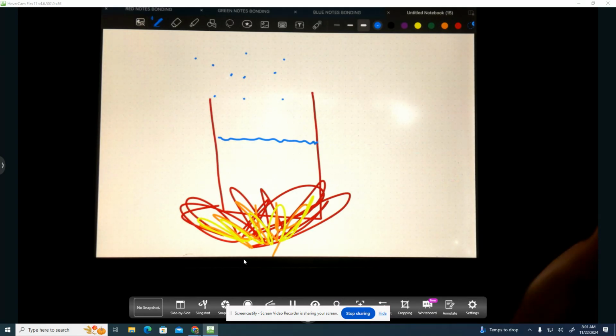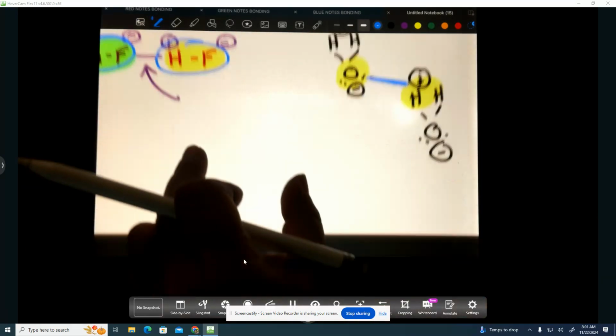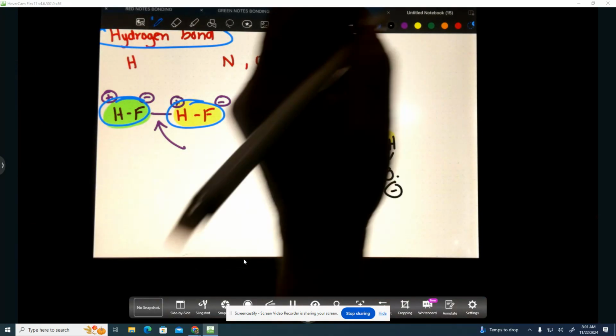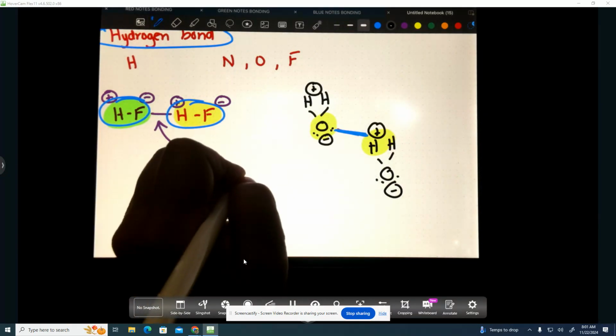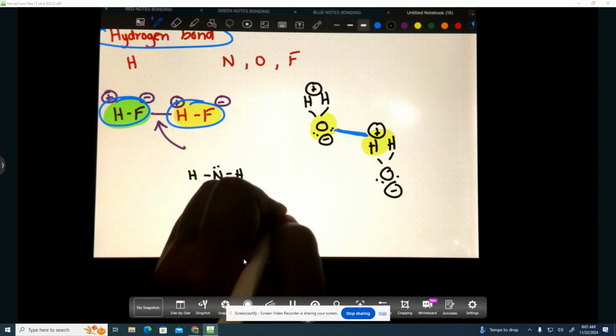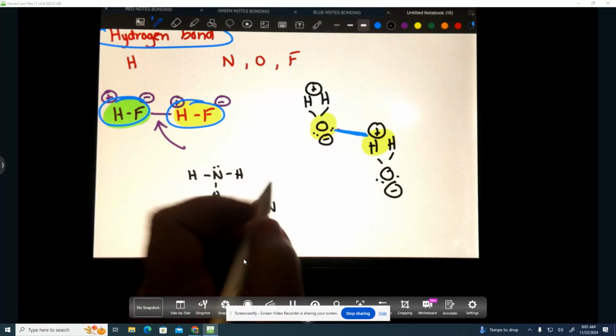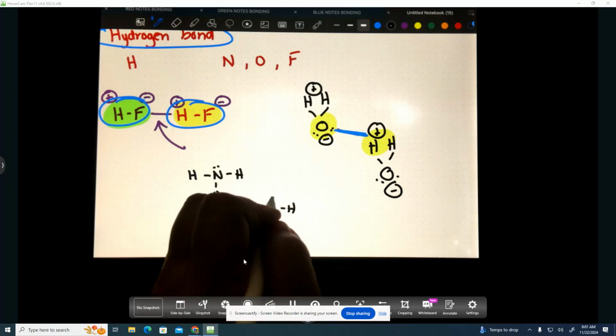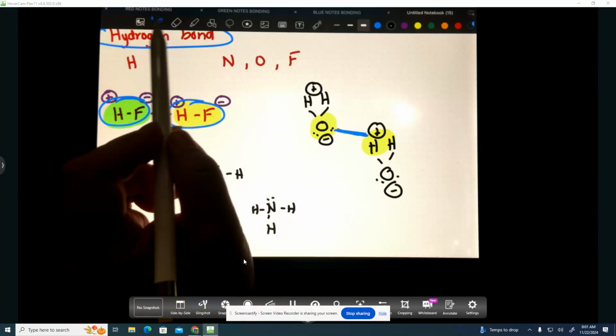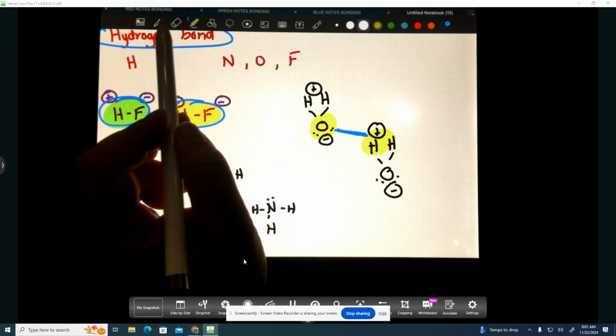Okay? All right, the last type of hydrogen bond that the Regents will ask you about is ammonia. Ammonia looks like this at this point. I'm hoping that everybody can draw ammonia. We practiced drawing it the last couple of days. Okay, and then you've got your hydrogen bond.